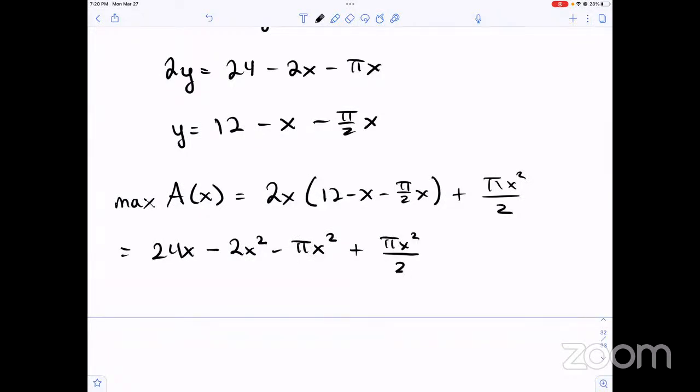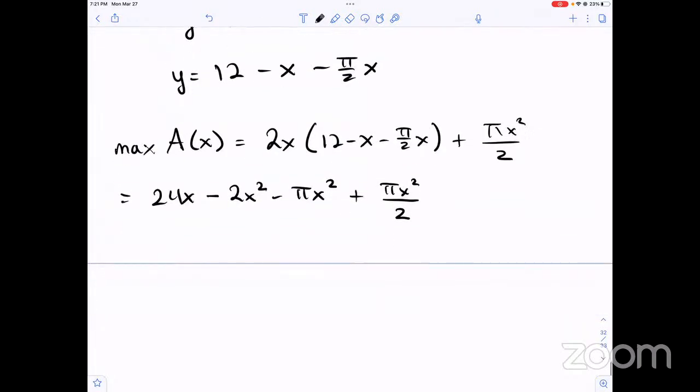So what is that? Negative pi over 2 minus... negative 1 over 2, right? Again, our goal is to maximize our area. And if we combine like terms, we got this 24X minus 2X squared.